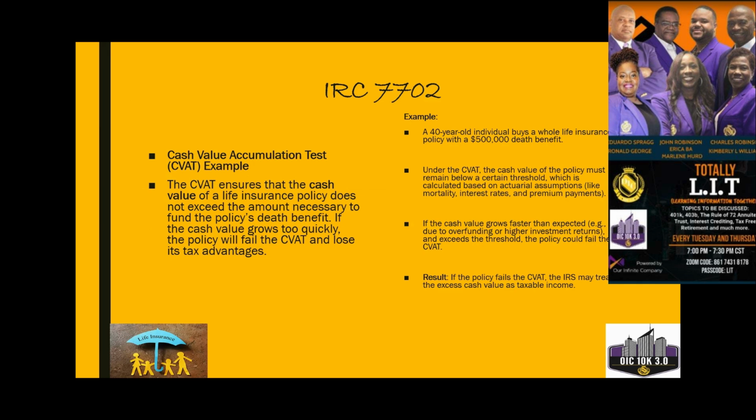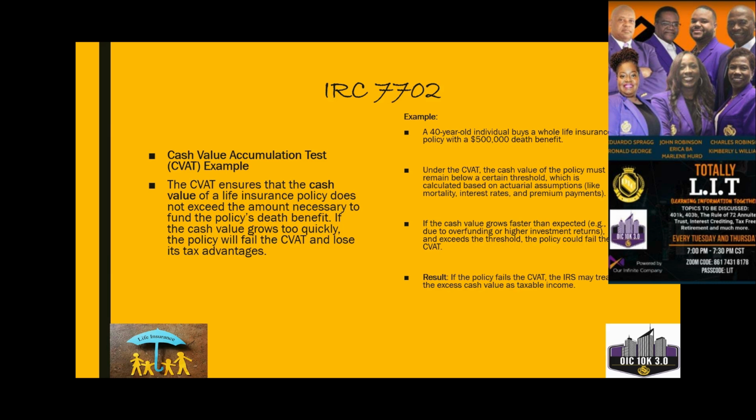And I want you guys to see this example of someone who is benefiting from the IRC 7702 code, and who makes sure that they're following guidelines of the cash value accumulation test.